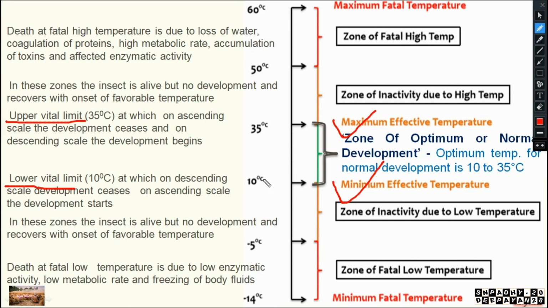What other terms? These 4 are completed. What other terms? 60 and -14. Those are called maximum fatal temperature and minimum fatal temperature. These 6 terms we have understood, and we have understood 5 zones: zone of fatal high and low temperature, zone of inactivity due to high and low temperature, and zone of optimum or normal development.